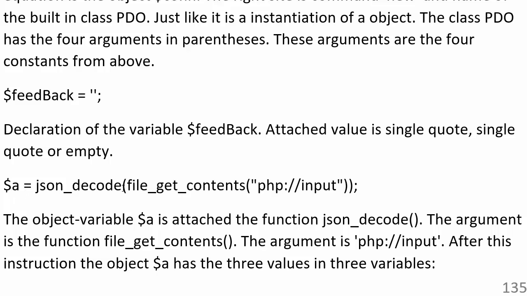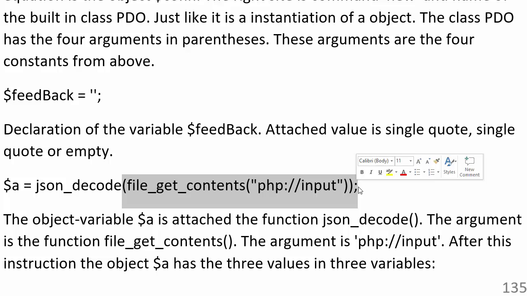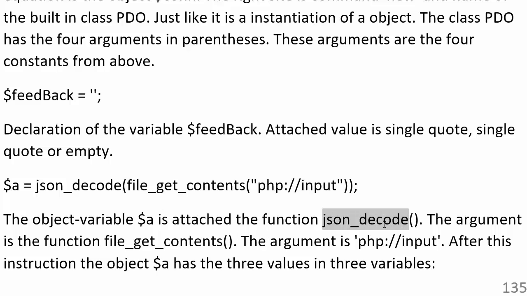$A equals json_decode. The object variable $A is attached to the function json_decode. The argument is the function file_get_contents. The argument is php://input.